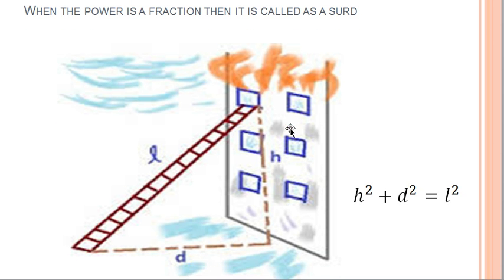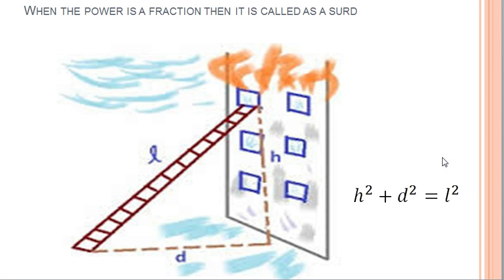Now for example, what do I see here? I see there's a ladder here. This is resting against a wall. Its distance from the ground is h and the distance of the foot of the ladder from the wall is d. So I can find the length of the ladder by applying Pythagoras theorem. L square is equal to h square plus d square. L is equal to root over h square plus d square.